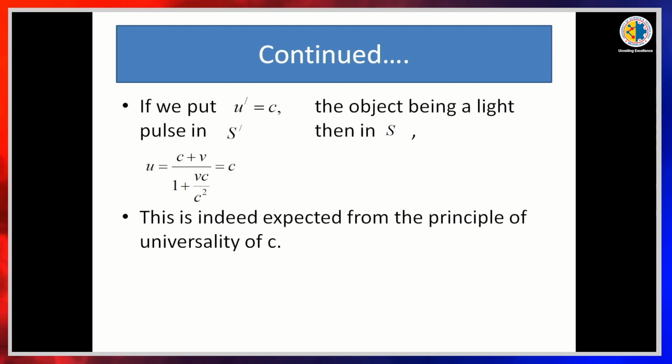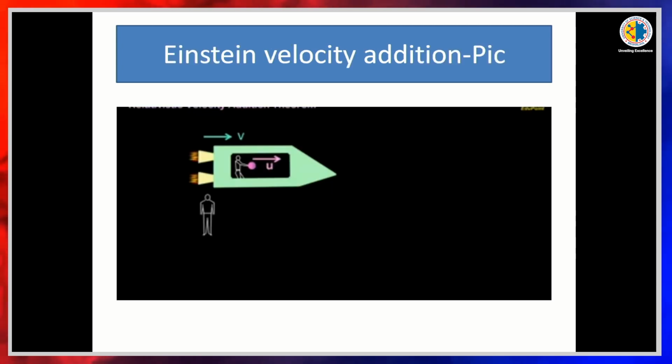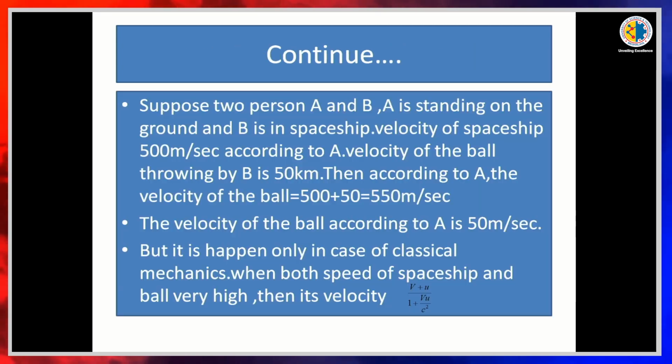This is indeed expected from the principle of universality of c. The principle of relativity says that all physics laws must be the same in all inertial frames, and another principle of special relativity is that the speed of light is a universal constant. So this law is already expected from this example.